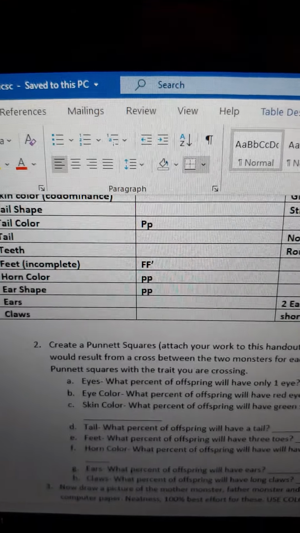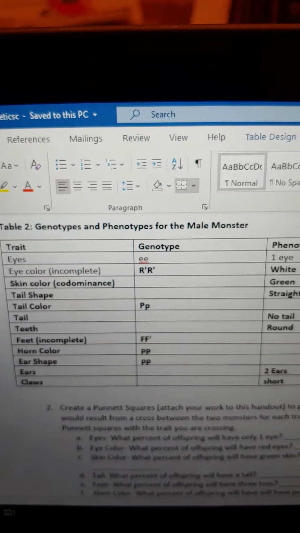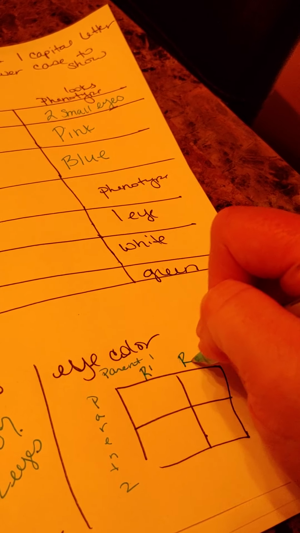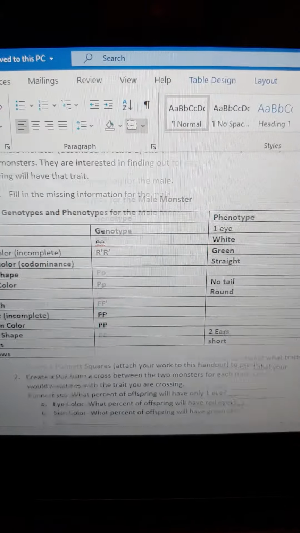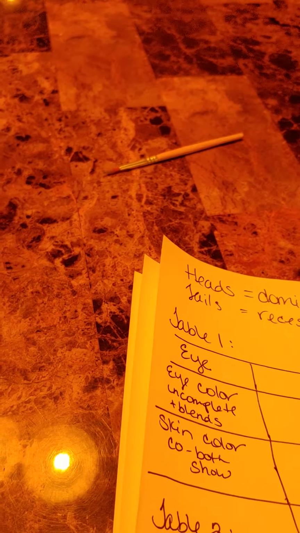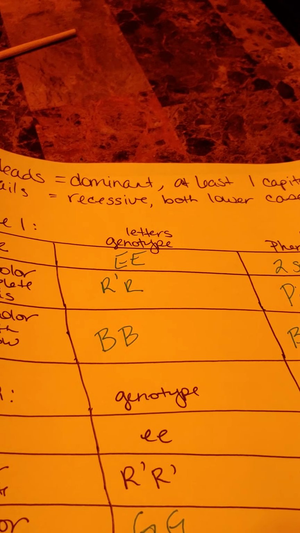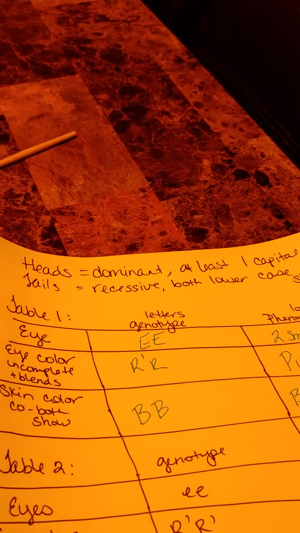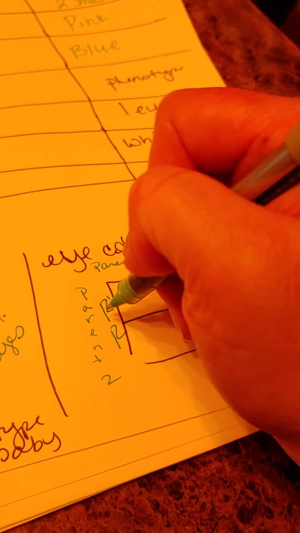Now if we're looking at eye color, we have capital R apostrophe, white. I'll put that. Then looking back up at what the other parent was, eye color, capital R apostrophe, capital R. Down here, do the cross.